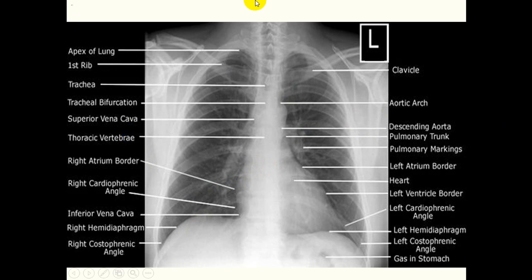So talking about the bones first, the thoracic vertebrae are not very perfectly seen here as they are overlapped by the other shadows, but in the upper part we can observe their thoracic spines as well as the transverse processes of the thoracic vertebrae. We can also identify the ribs and count their number and identify the intercostal spaces here.